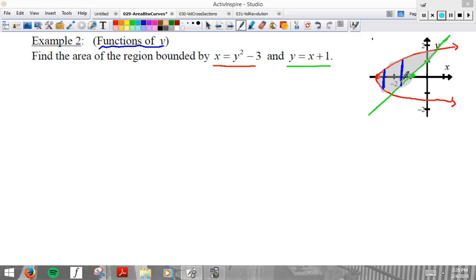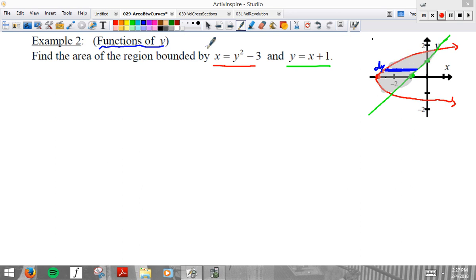Over here is not that bad, but the fact that we would have to use 2 different integrals, hint, would rule this out. So when we have functions of y, and we're just being asked to find the area, I'm going to do my best to use a horizontal slice. And this horizontal slice is thin in the y direction. It's dy. Its width is dy.